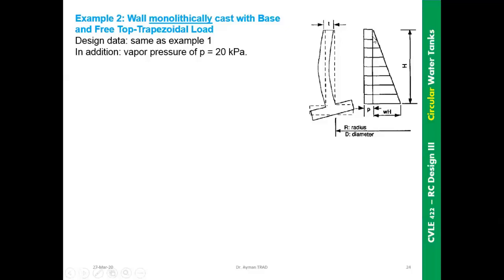As you know, a gas will be partially liquid with a triangular distribution of load, and the gas part will be a uniform pressure along the height of the wall. So here we'll have the pressure P constant along the height of the wall, representing the gas pressure, and the triangular distribution representing the fluid pressure.